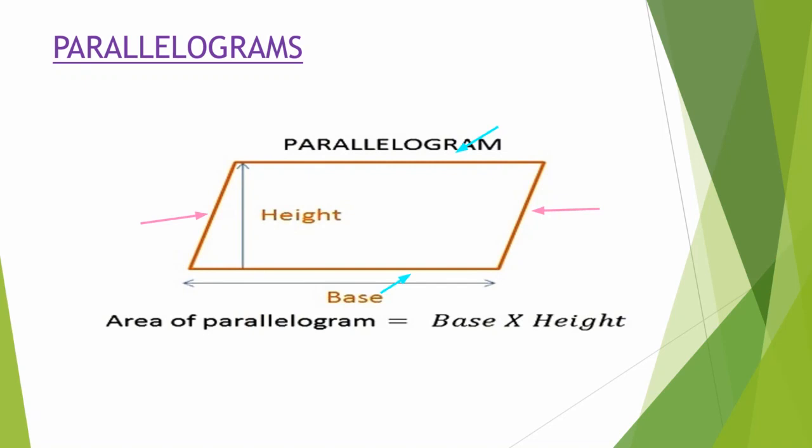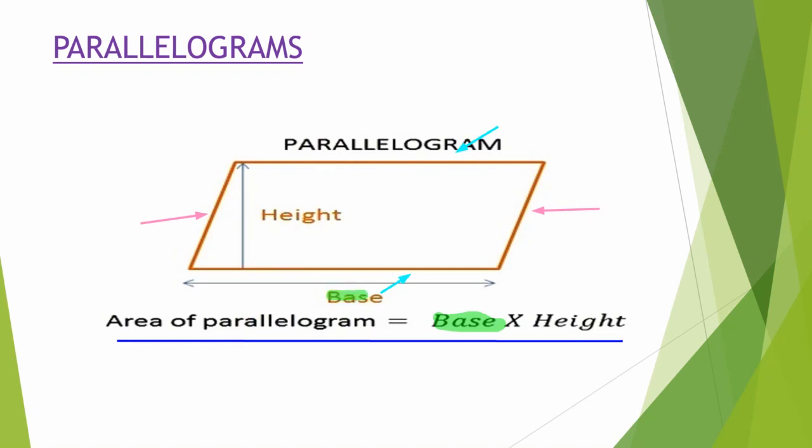Now in this, what will be called the base? Because when we calculate area, the formula for the area of a parallelogram is base into height. So what will be the base?